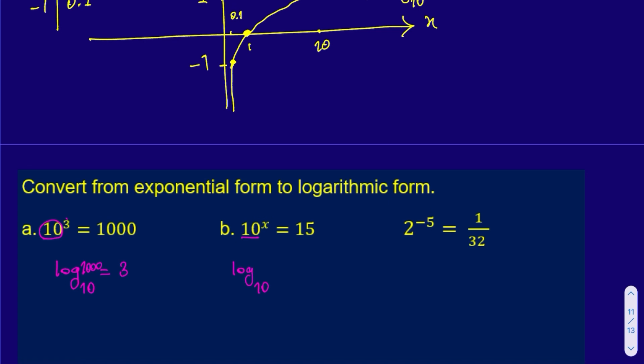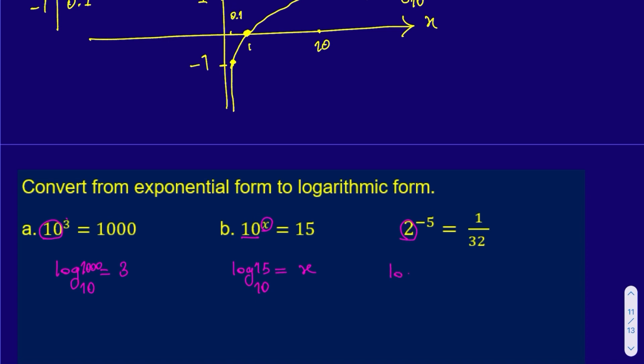what is the power or index here? It is x, so x will appear on the other side of the equation, and then the number on the other side of the equation will appear in front of the log. Similarly this one, where is the base? Base is 2.